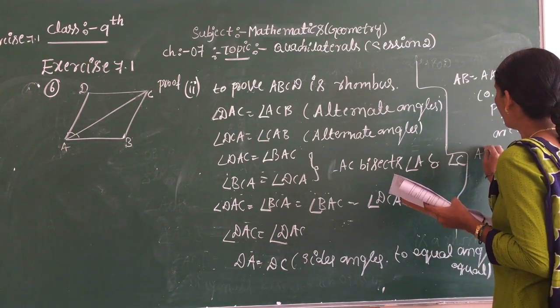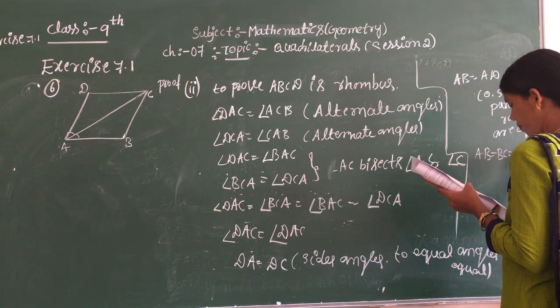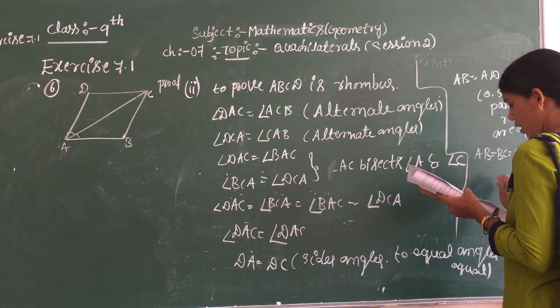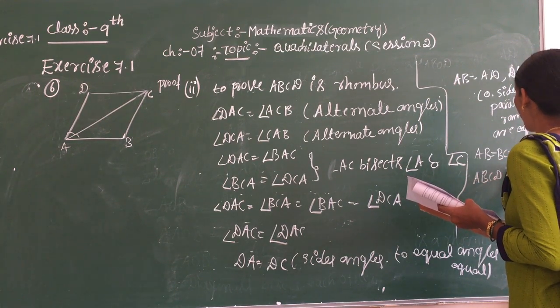AB is equal to BC is equal to CD is equal to DA. So ABCD is a rhombus.